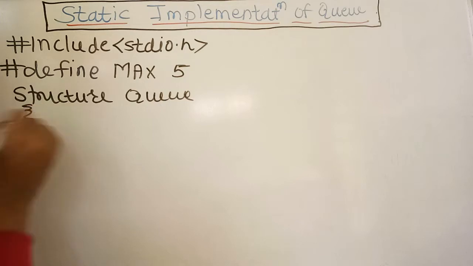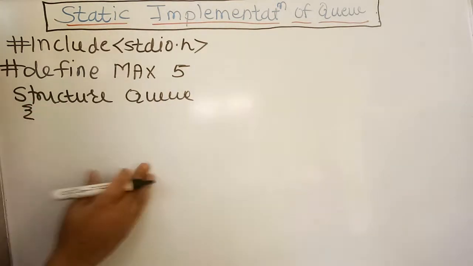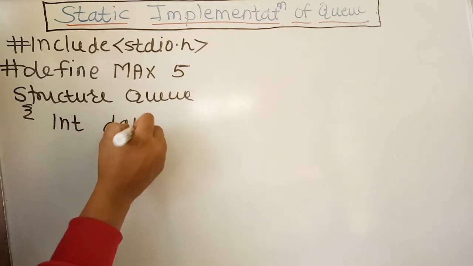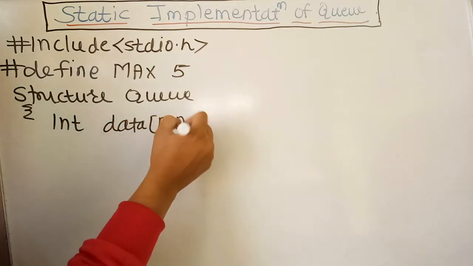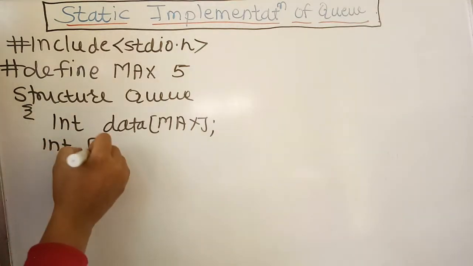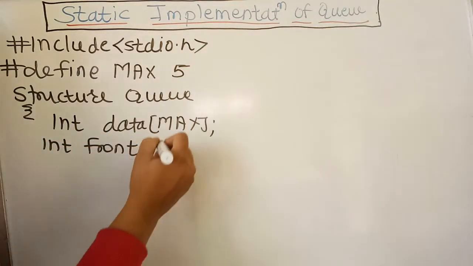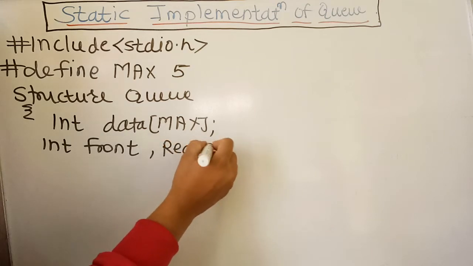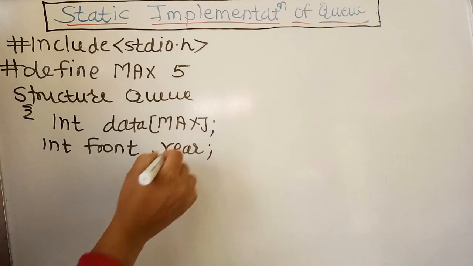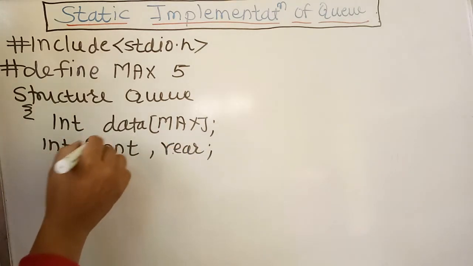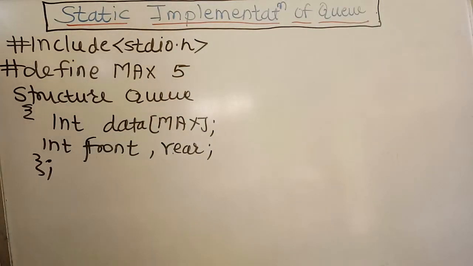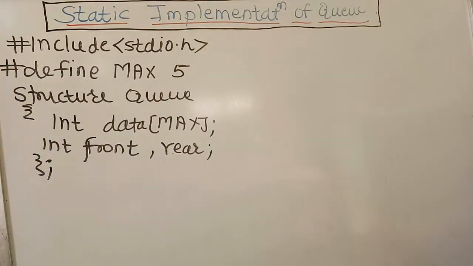Then what is the actual body part of this structure? That is nothing but we have to create an array of data, and that is having the size max. Then we will create two variables, integer front and integer rear, for the insertion and deletion from front and back side. Now we will complete the structure of the queue and take a semicolon for it.